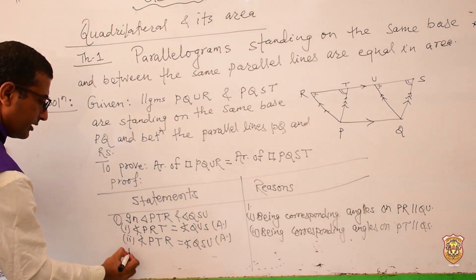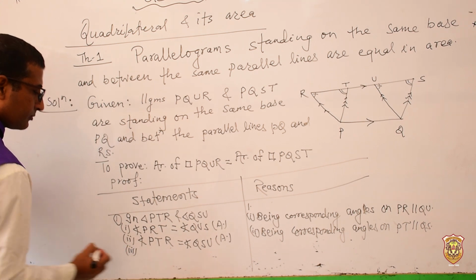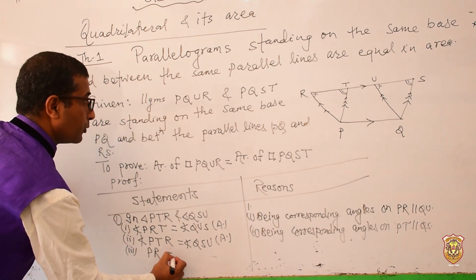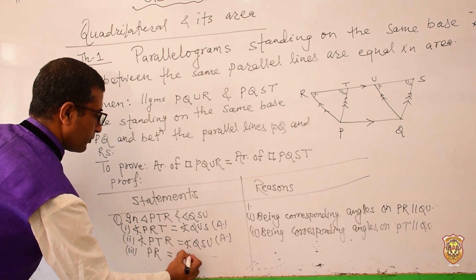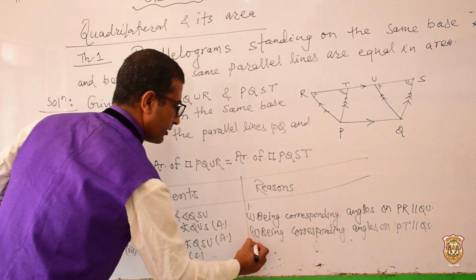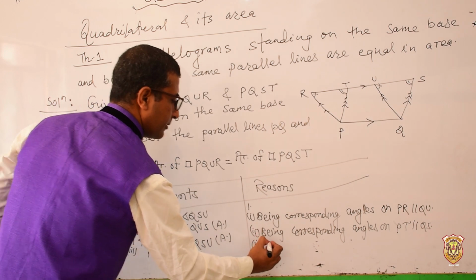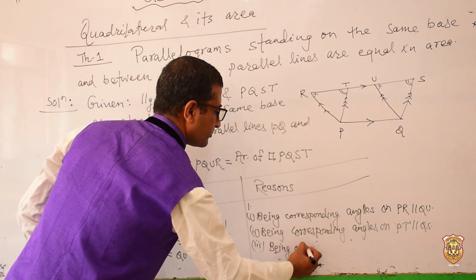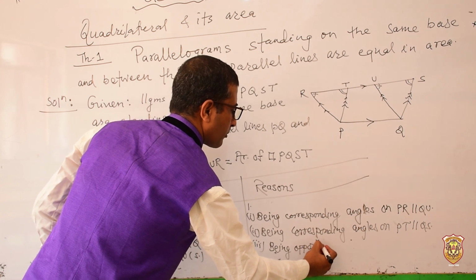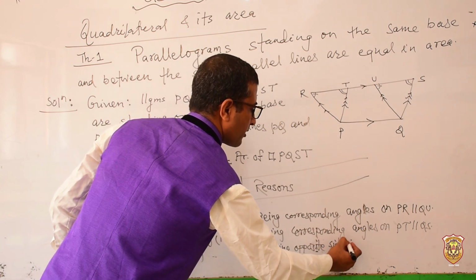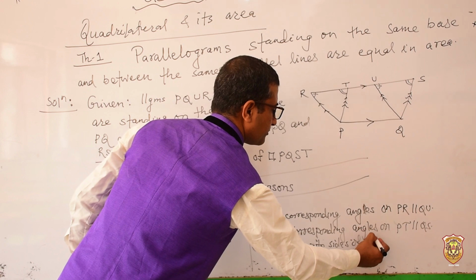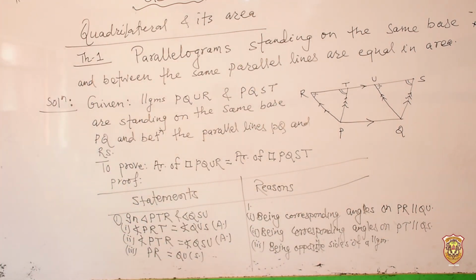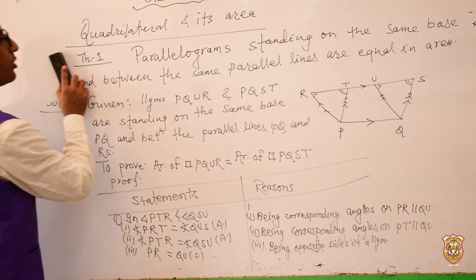And the third one is PR equal to QU, being opposite sides of a parallelogram. So now we have proved these two triangles are congruent.